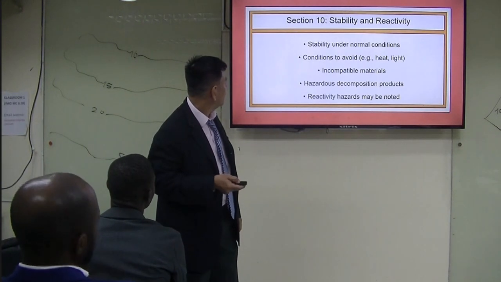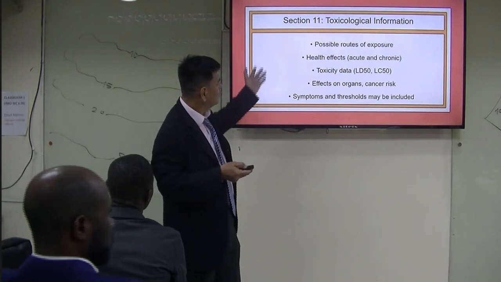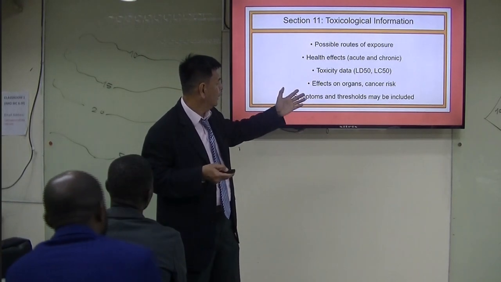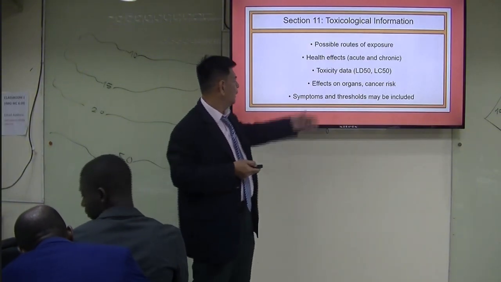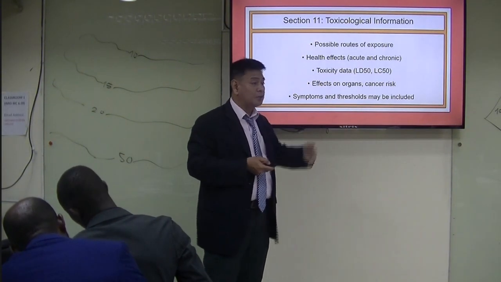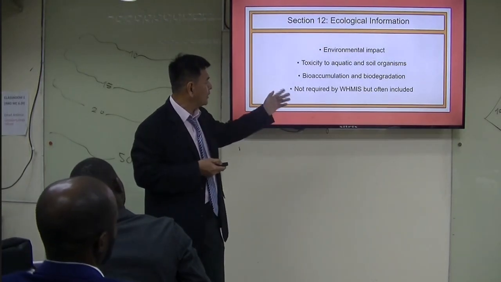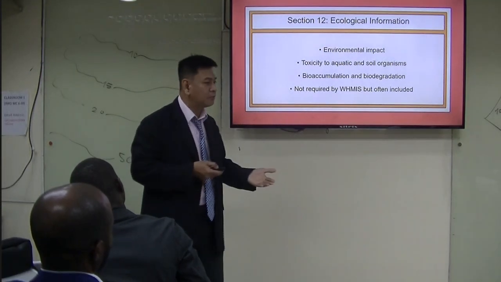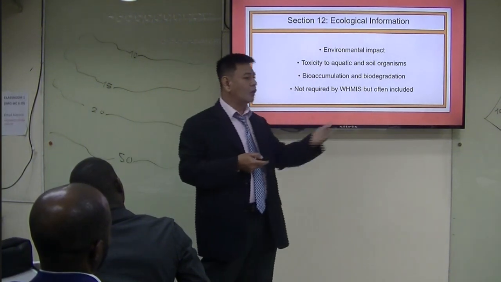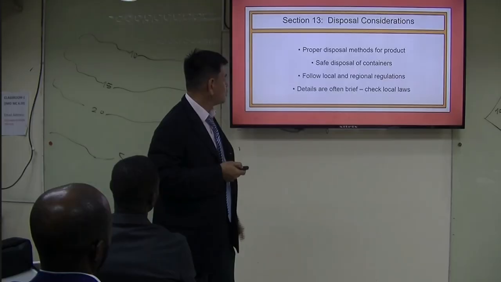Okay? In section 10, stability and reactivity. Same also for section 11, toxicological information, which is acute or chronic depending on your exposure. Section 12 is ecological information, the impact on the environment, whether on land or at sea. Section 13 is disposal consideration.